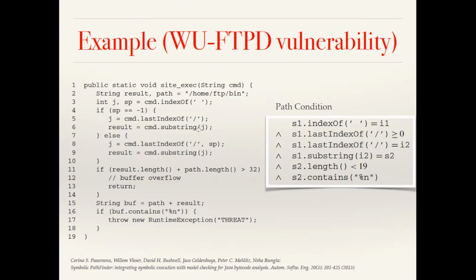This shows a piece of Java code that takes as input a string that represents a command, and then there is also some local path that has some constant value, which is also a string. On the right hand side we show the path condition generated from analyzing this code.